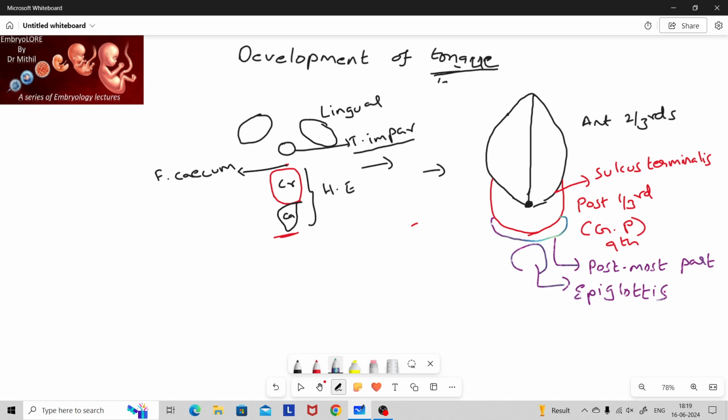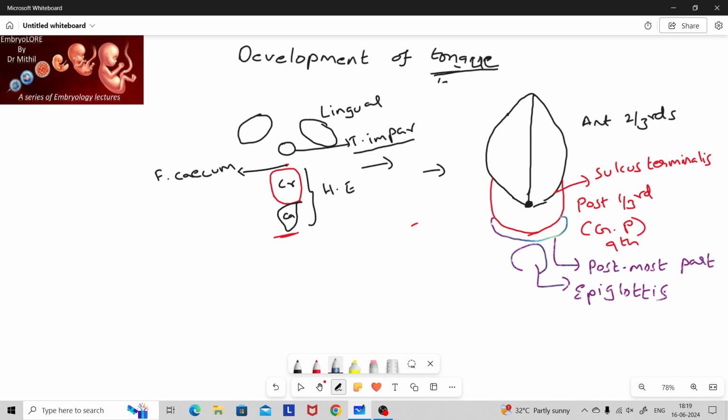As they develop from the caudal part, the mucous membrane is supplied by the superior laryngeal nerve, as we have seen in the last video. Why? Because that is the nerve of the fourth arch.